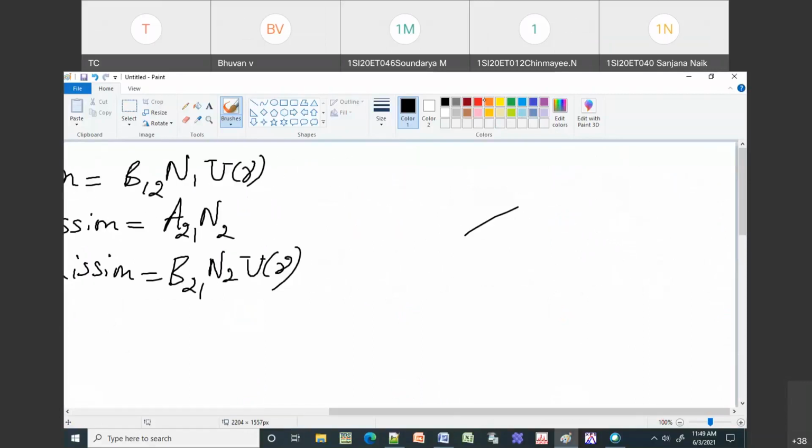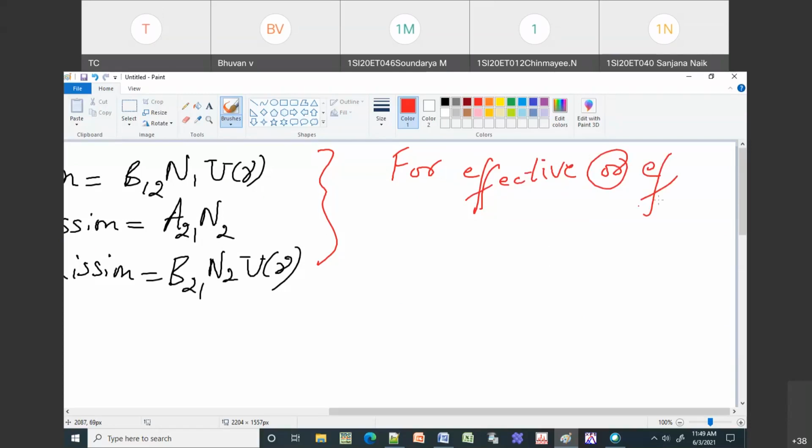So for an effective or efficient laser, what you need is to have higher intensity. Laser refers to light amplification by stimulated emission of radiation.